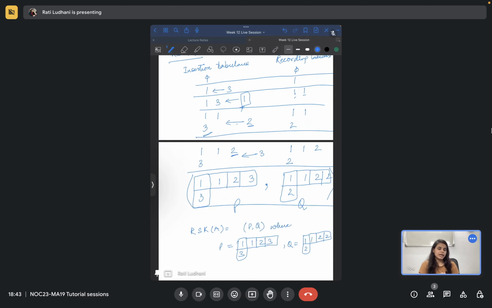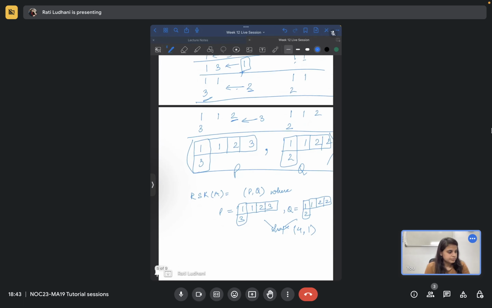Note that the shape is the same. Both of these have the same shape, which is 4 1: 4 in the first row, one entry in the second row. So the shape is always the same. That is one observation with RSK.